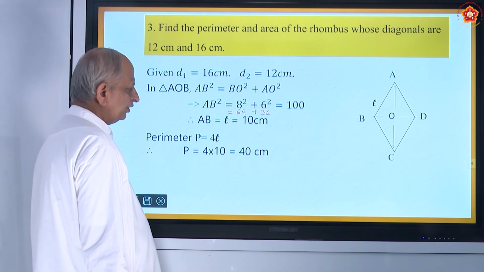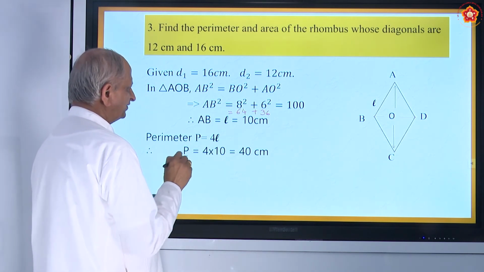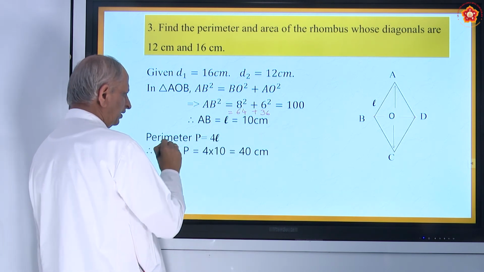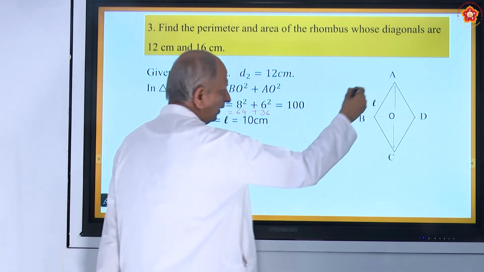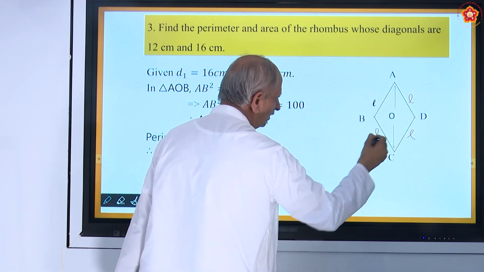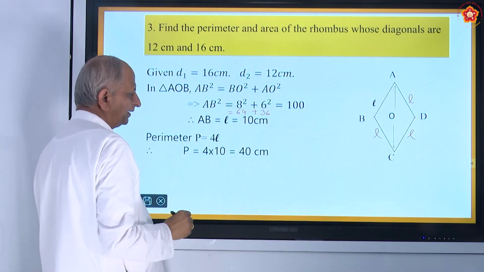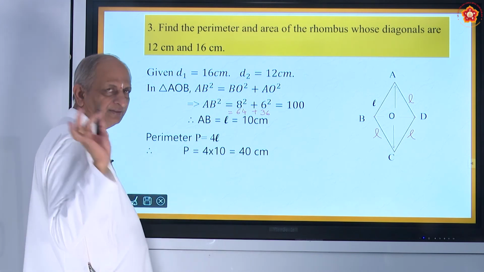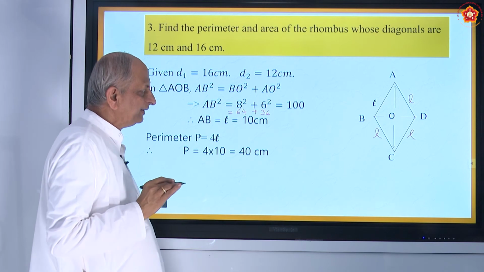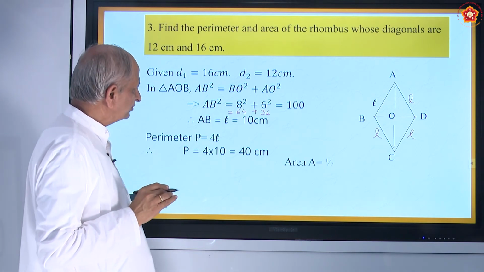So one side of a rhombus becomes 10 centimeters. We have 4 sides which are all equal. All these 4 sides of a rhombus are equal. So 4 into L becomes 40. Is it alright? That is a special type of quadrilateral, namely rhombus. So this is a question on that.